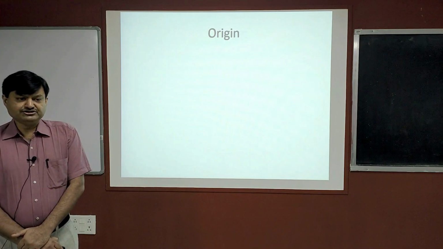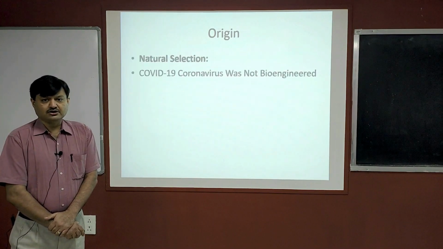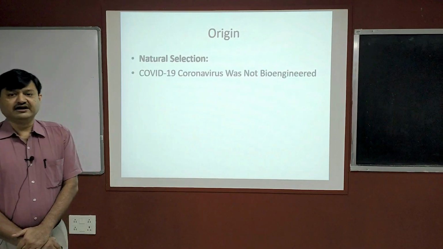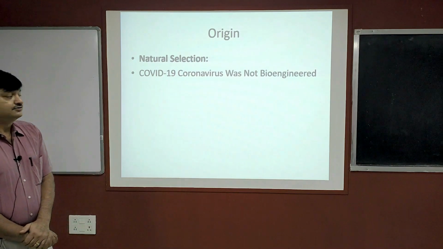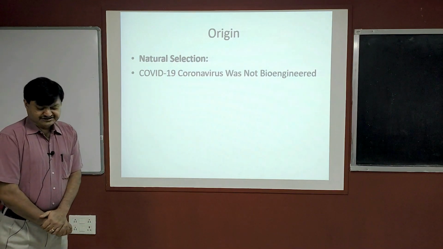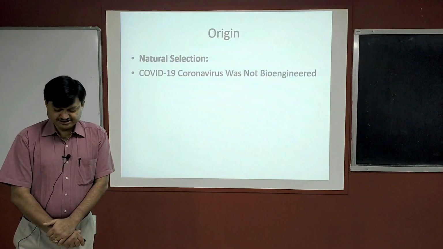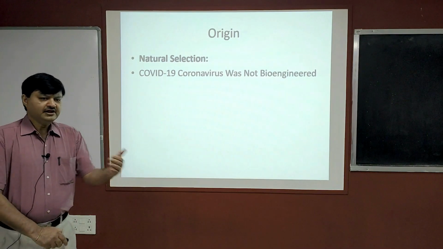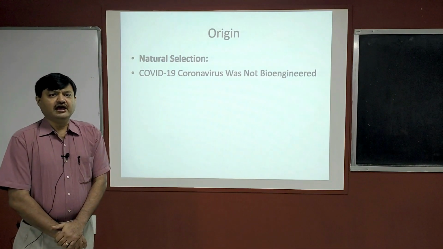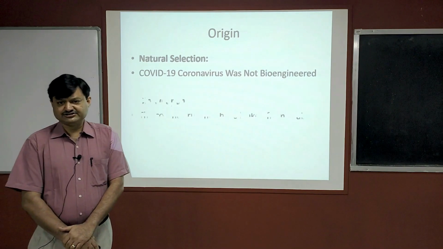There has been speculation about the origin of this virus and there are two theories of the viral origin. The first one is natural selection. As explained in the earlier slide, the virus is circulating in animals and birds, adapts to the human being and causes a pandemic, and this is called natural selection.